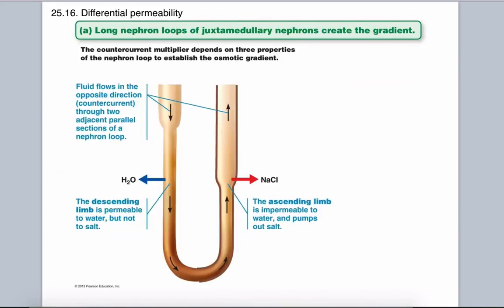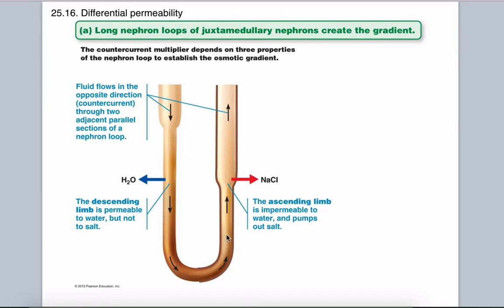Here's something that I want you to remember. As the filtrate goes down the loop of Henle, down through the nephron's loop, water leaves passively. The descending limb of the nephron's loop is permeable to water. So as the filtrate goes down and water leaves, it gets more concentrated.